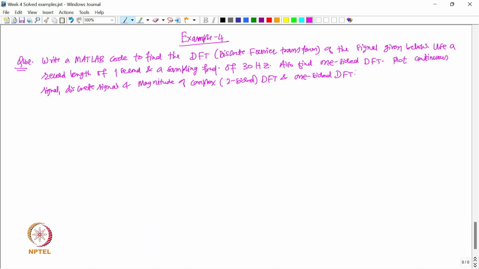So you have to plot these results as well. And what is the signal given? X of t is equal to 4 sine 2 pi f t plus 12 cos 2 pi f t. So this is the signal.